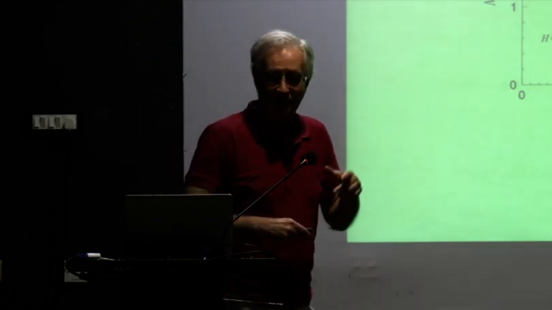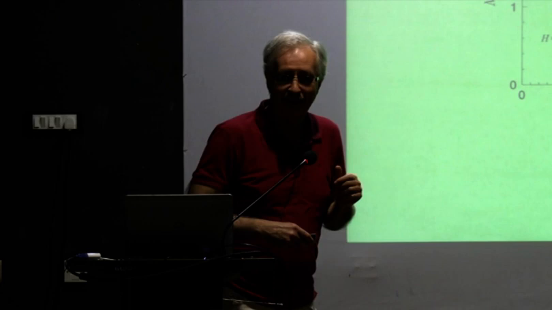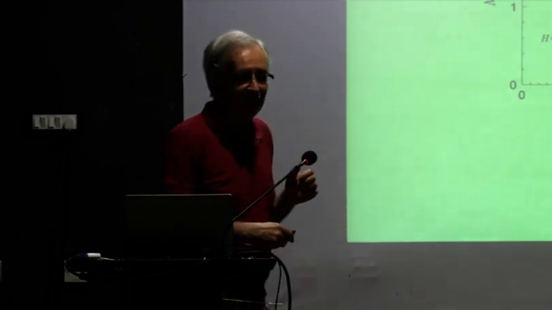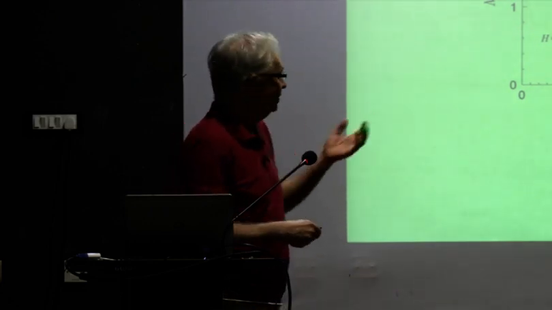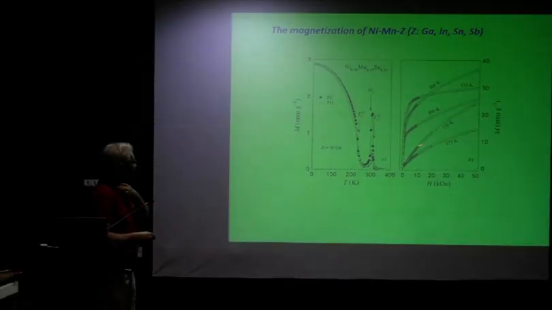There seems to be no consistency until you take a good look at it and try to interpret it. I mean, it goes wild. So at 330 Kelvin, you're sitting in the paramagnetic state. It's close to the ferromagnetic state. It's almost ferromagnetic, but it doesn't get ferromagnetic. And your field dependence of the magnetization shows a curve that looks more like this.